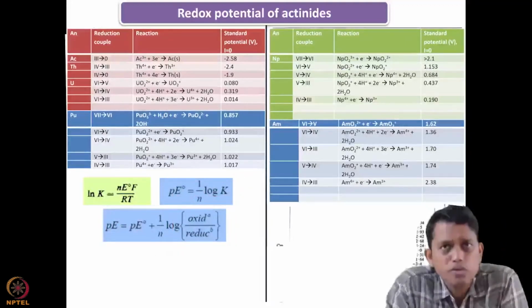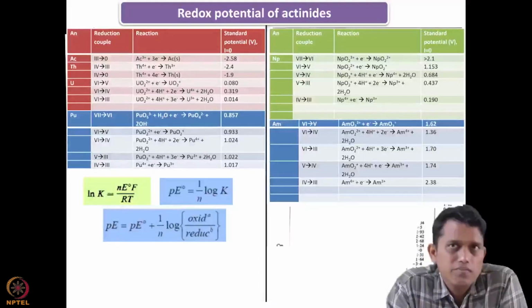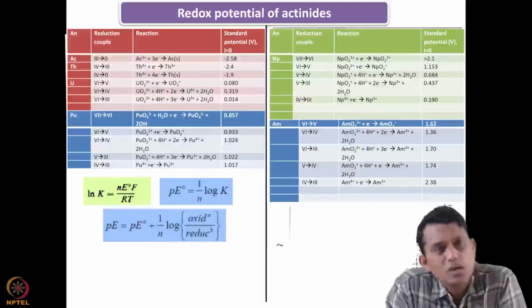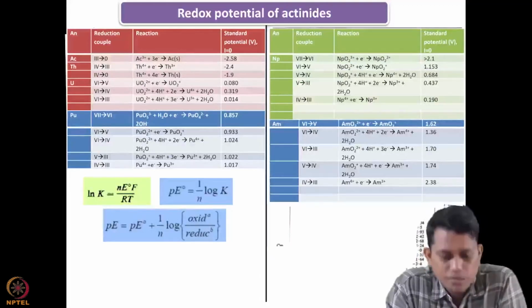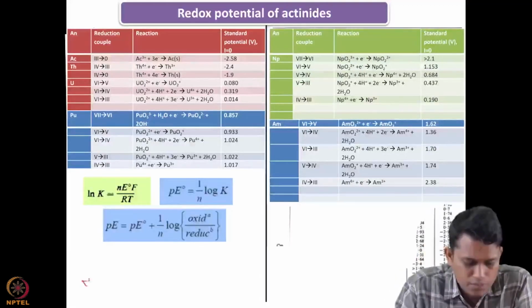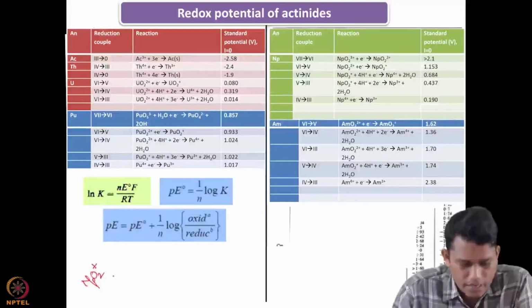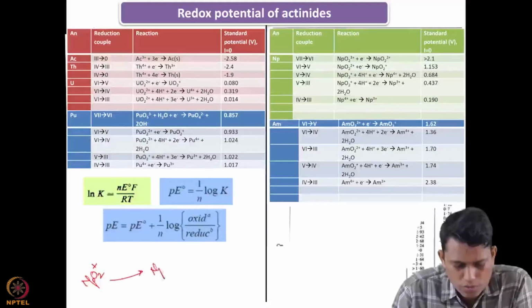Why are these equations or these lines very important to us? When we talk about the redox chemistry, we all know that this kind of series that I have given here is very useful when you plan an experiment in which you are trying to oxidize or reduce a species using some reductant or oxygen. For example, suppose I have a species that is NpO2+ and I want to reduce it to neptunium 4.